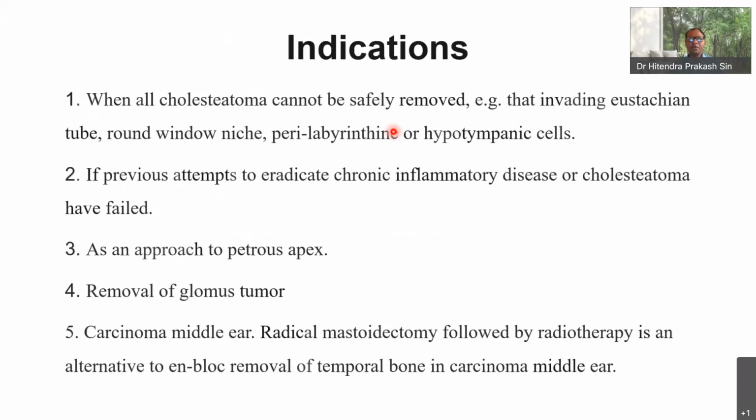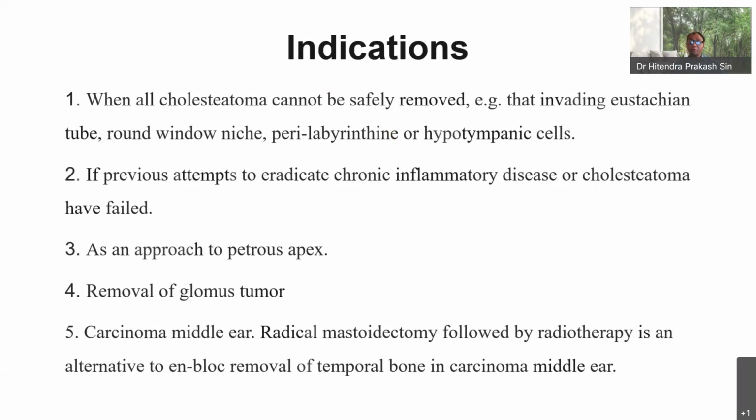So, what are the indications? When all the cholesteatoma cannot be safely removed from the middle ear. The cholesteatoma which is invading the eustachian tube, going into the round window niche, perilabyrinthine or hypotympanic cells, cannot be safely removed.